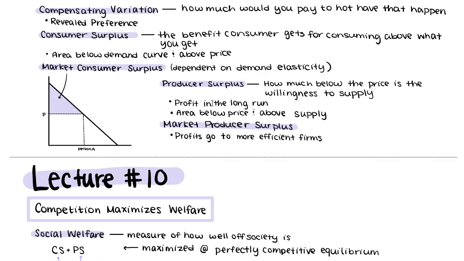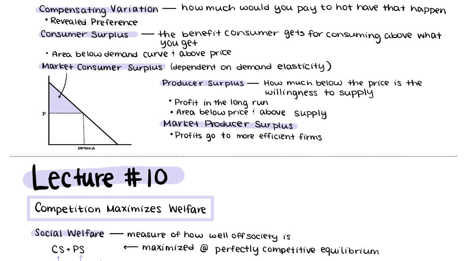So if you are a producer, you are very happy because $50 minus $10 equals $40, and that's your profit. Compared to consumer surplus, the producer surplus is more intuitive because it's actually the profit you earn.